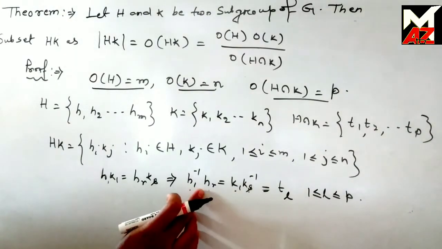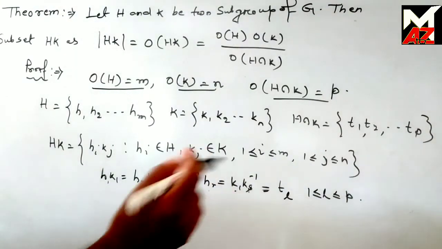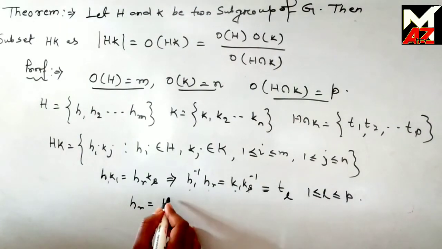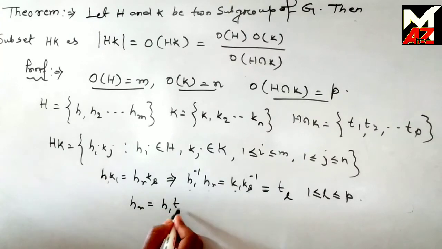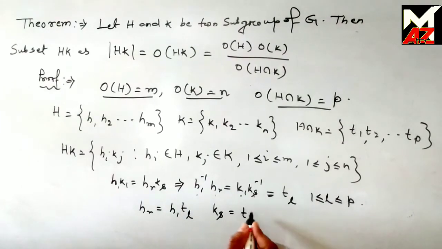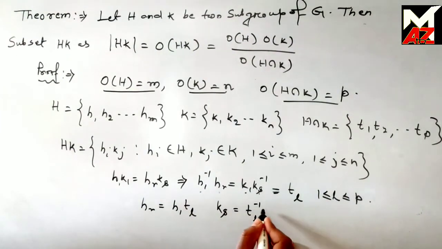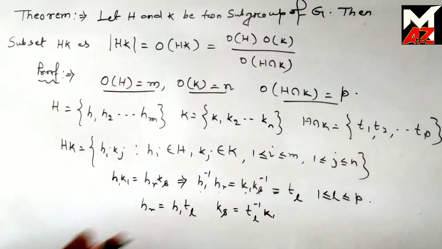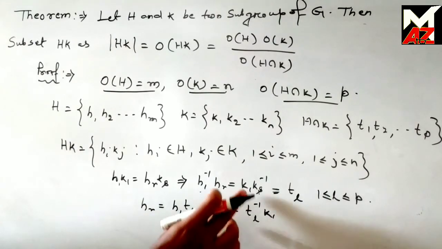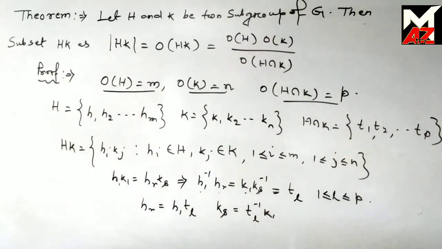Now from this relation, we get hr is equal to h1 into tl. From this relation, we can write s is equal to tl inverse into k1. Okay, this is h1 into tl and this is tl inverse into k1.